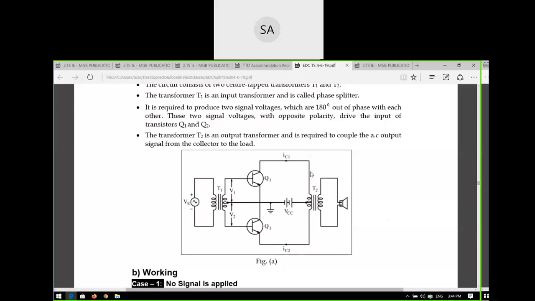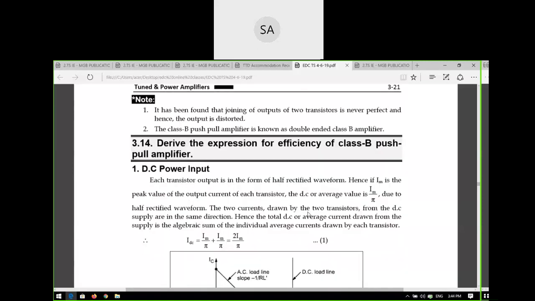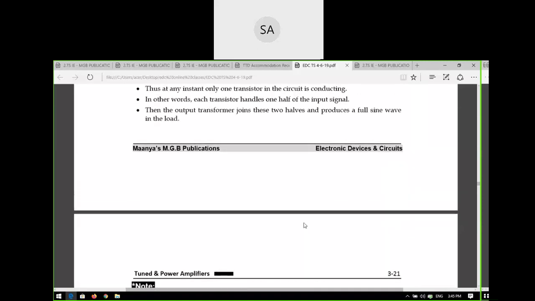Distortion. We have some distortion because transistor Q1 and transistor Q2 are not perfect, so the output will also not be perfect. You will see this as crossover distortion. We already discussed the types of distortion: amplitude distortion, phase distortion, frequency distortion, as well as crossover distortion. The Class B push-pull amplifier generates crossover distortion because it crosses from the positive cycle to the negative cycle.